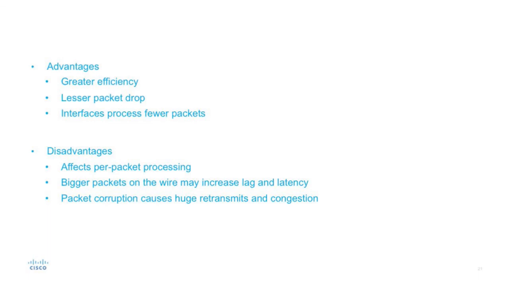And I saw the last disadvantage in my testing, packet corruption. Even if 1 bit is corrupted in the entire 9,000 byte packet, TCP is going to retransmit the entire huge packet. And just corrupting 1 or 2 packets will make the link congested in the case of a virtual interface.